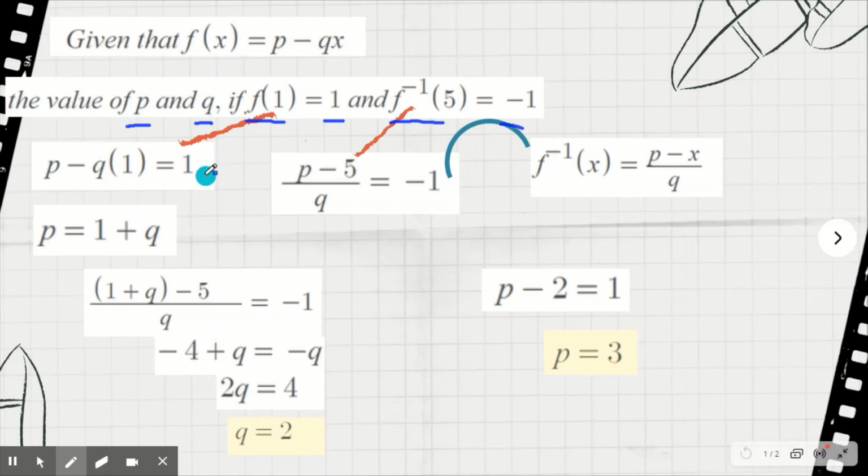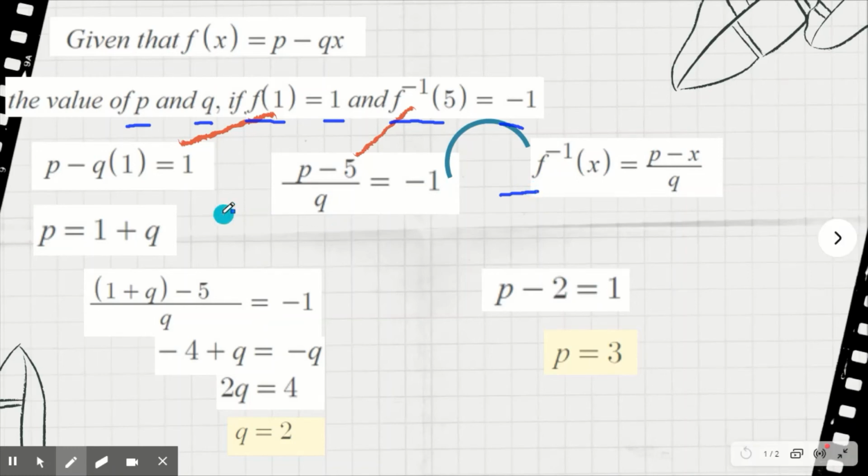So the first equation is p minus q(1) equals 1 based on the question, and then the second equation is p minus 5q equals negative 1 based on the inverse function of x that we got earlier.